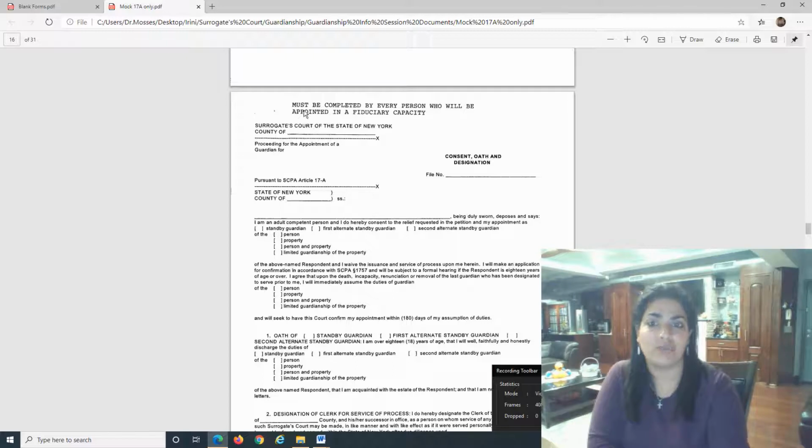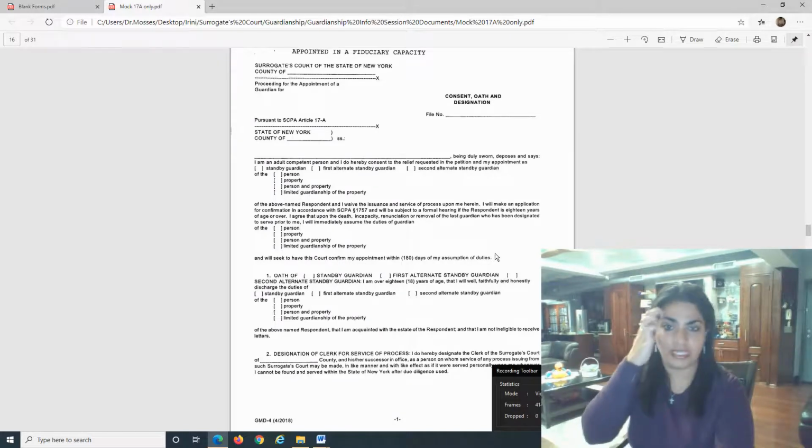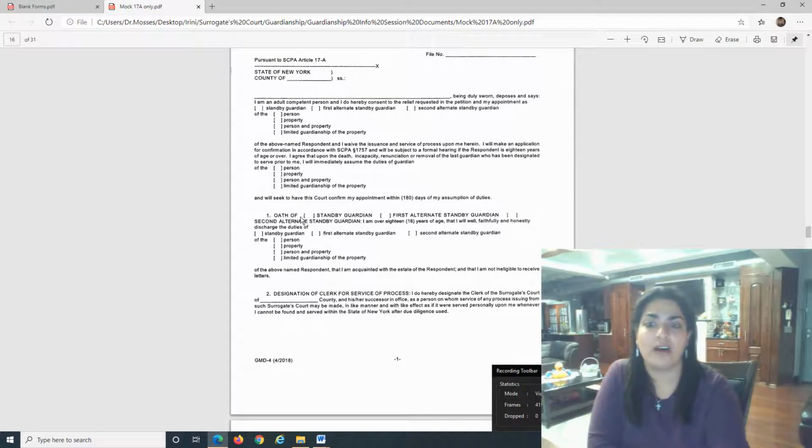Again, Surrogate's Court, County of Richmond, the respondent's name here, county of, wherever they're filling this out, the name of the person, and they're consenting to their appointment as, if this is the one for the standby, they would check off standby, person. Again, I immediately assume the duties of guardian of the person, and will seek to have the court confirm my appointment within 180 days, and then oath of standby.